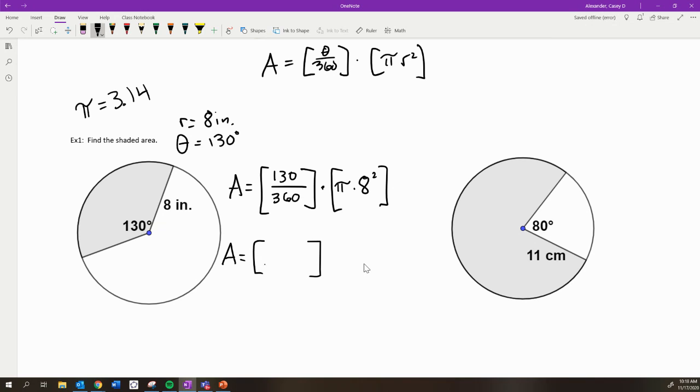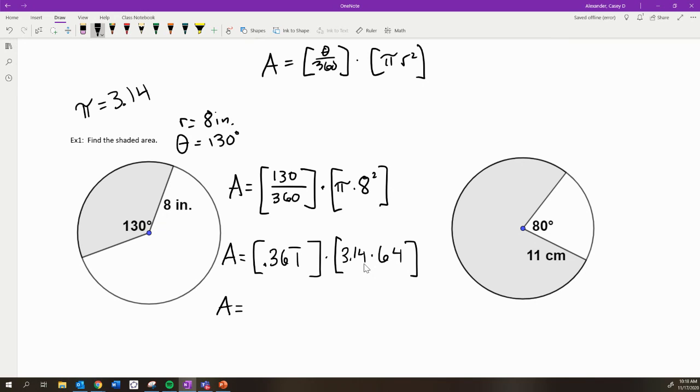Let me just do it. So 130 over 360. Okay, so that's 0.36 and then 1 repeating, right? So 0.36111111. But I just leave that in my calculator, and then I'm going to multiply that by 3.14, and then I'll multiply that by 64, because that's 8 to the second power.